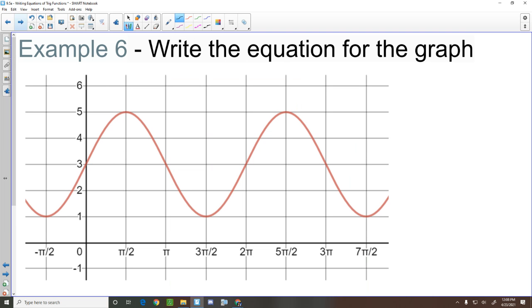So for example 6, write the equation for the graph. Now, step 1, I need to determine what kind of function this is, sine or cosine. The best way to do this, everybody, is look at the y-intercept right here. If it's sine, then I know that I'm going to start in the middle of my wave.